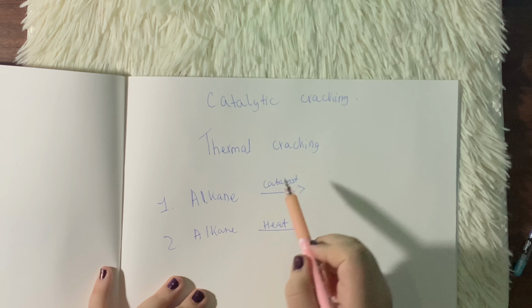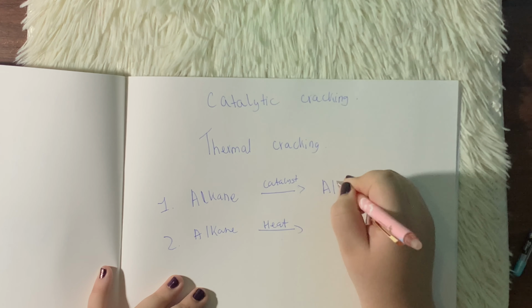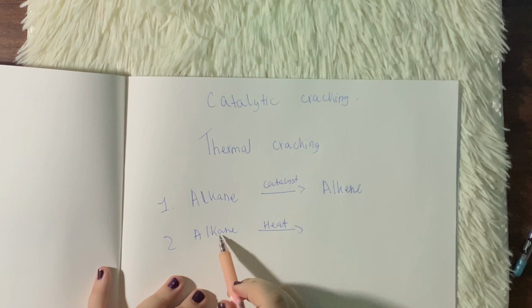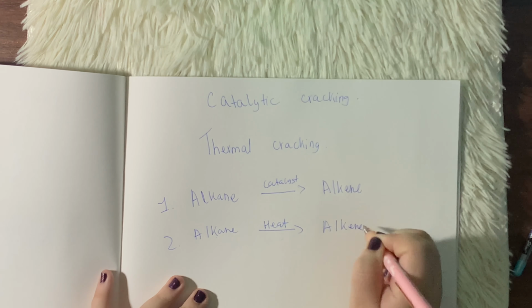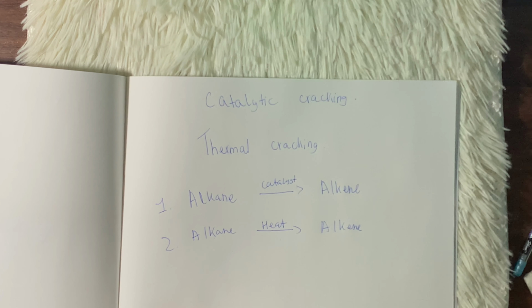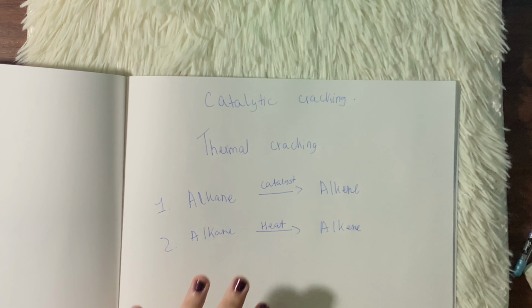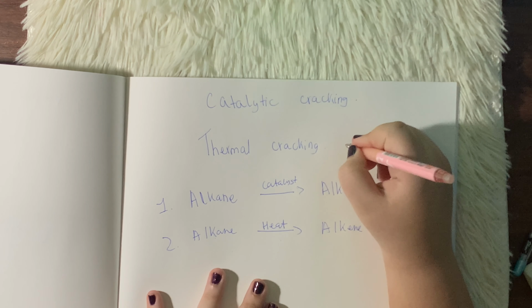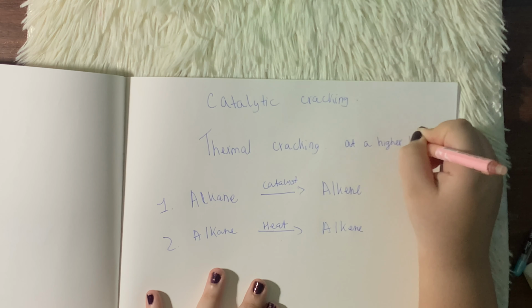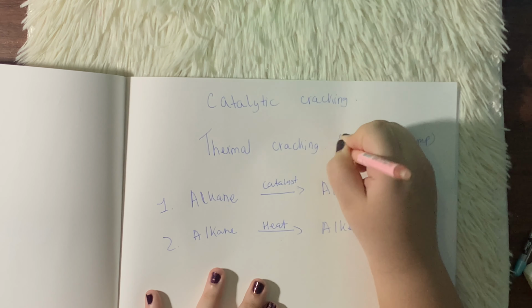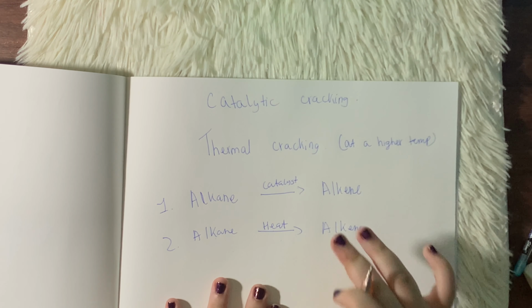Alkane with the help of a catalyst gives us an alkene. Same thing here, alkane with the help of heat gives us an alkene. Always remember, thermal cracking just happens at a higher temperature.